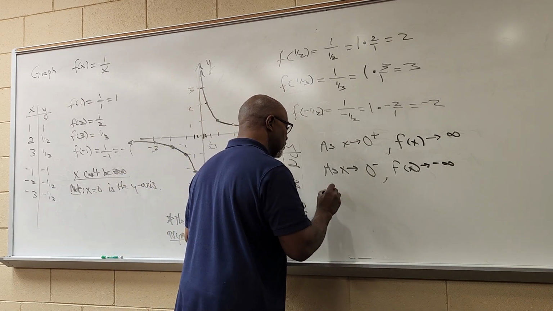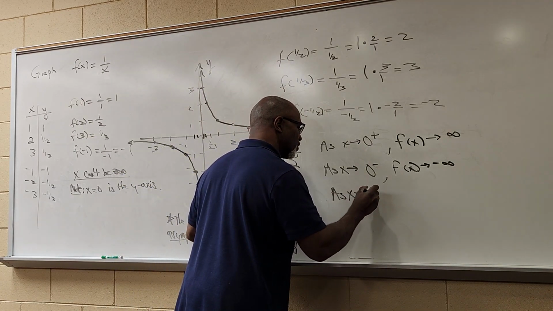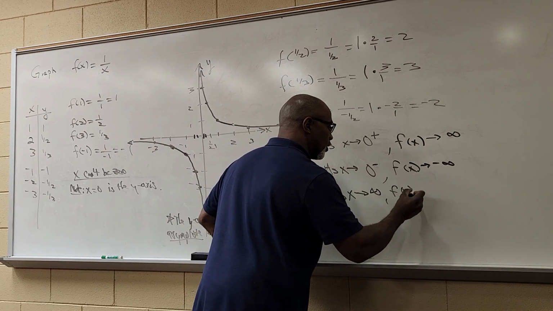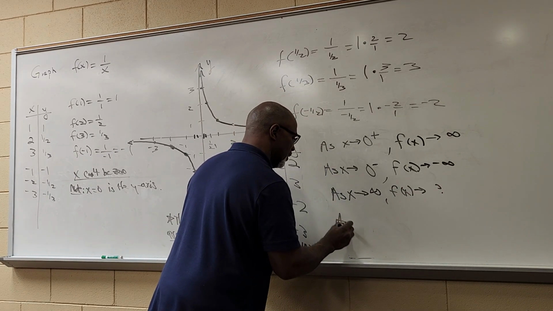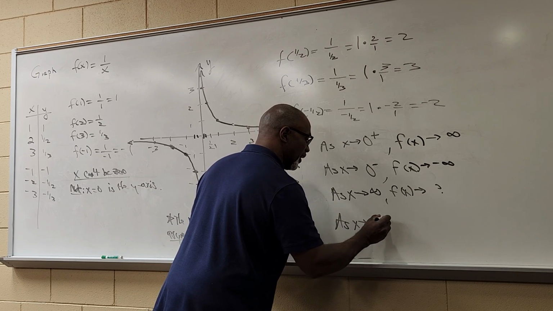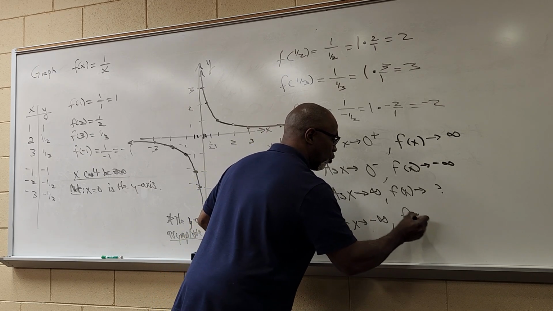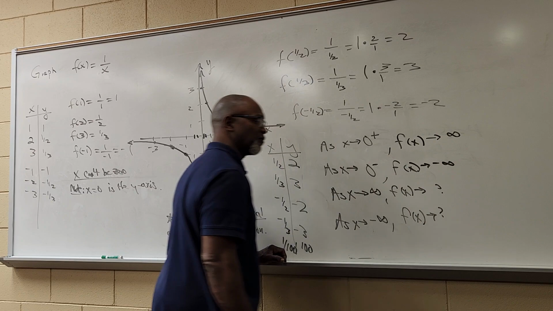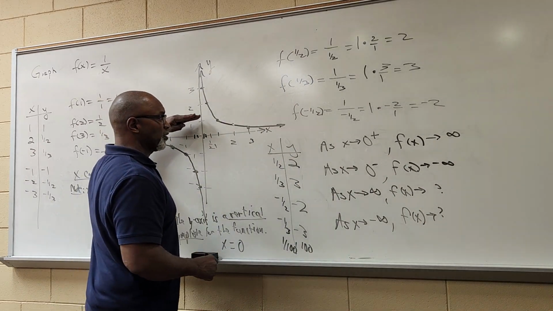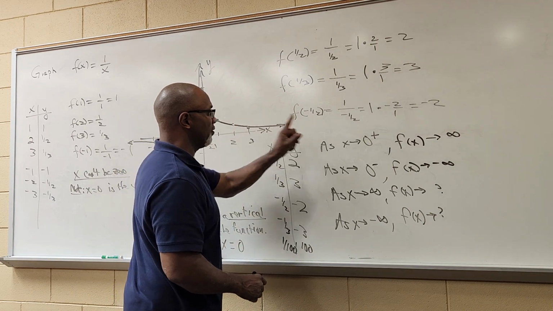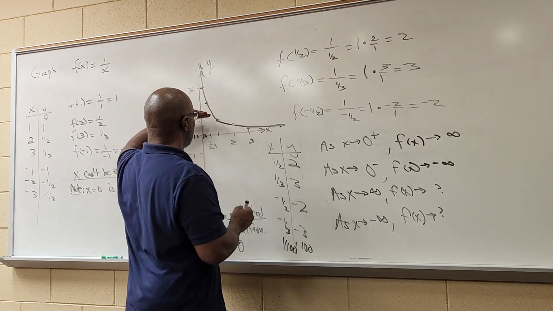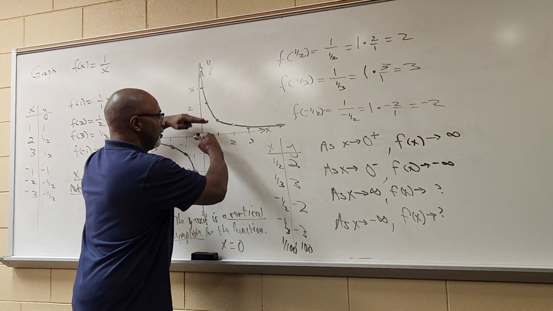And I can also say, as x goes to infinity, what does my function do? And as x goes to negative infinity, I want to be able to ask myself, what does my function do? So as x's are getting big, 2, 3, 10, 15, my function is coming down. There's y equals 1. There's y equals 0.